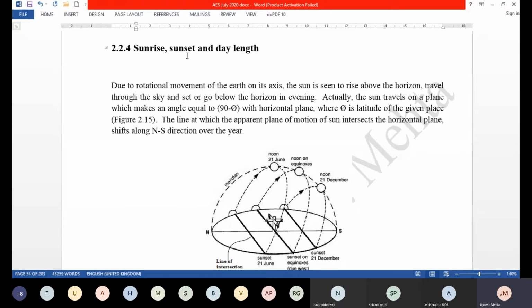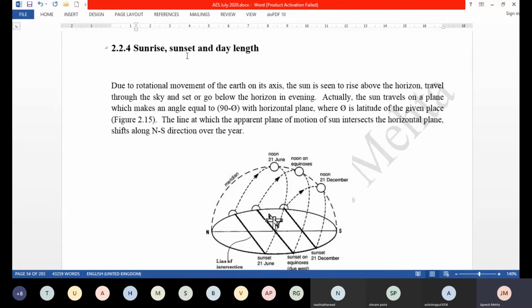And you may take a day in summer, let's say 31st of May, and get the zenith angle and altitude angle. You'll find that the altitude angle is higher. It means that your average air mass in winter would be higher, and average air mass in summer would be lower.